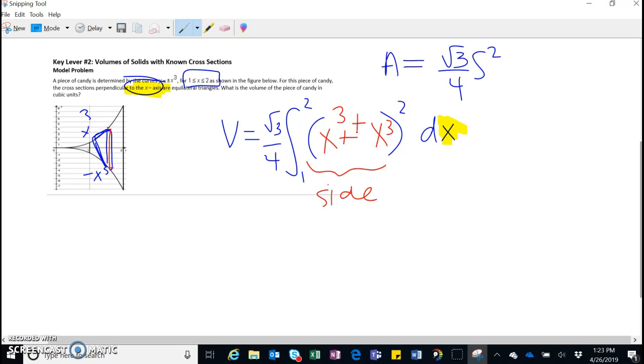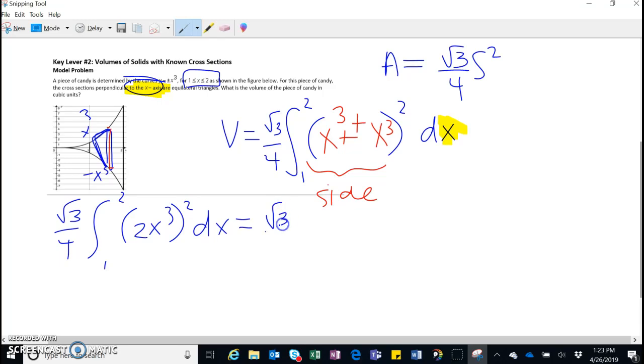So the first thing I'll do is add those x cubes, and I see that then my integral becomes root 3 over 4 integral from 1 to 2 of 2x cubed squared. I'll actually square that, and my integral becomes, from 1 to 2, 4x to the 6th, because that square means 2x cubed times 2x cubed.